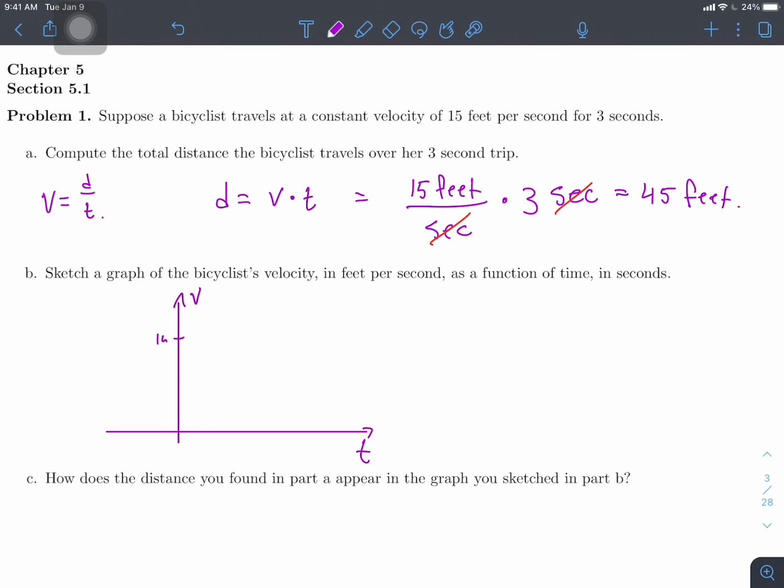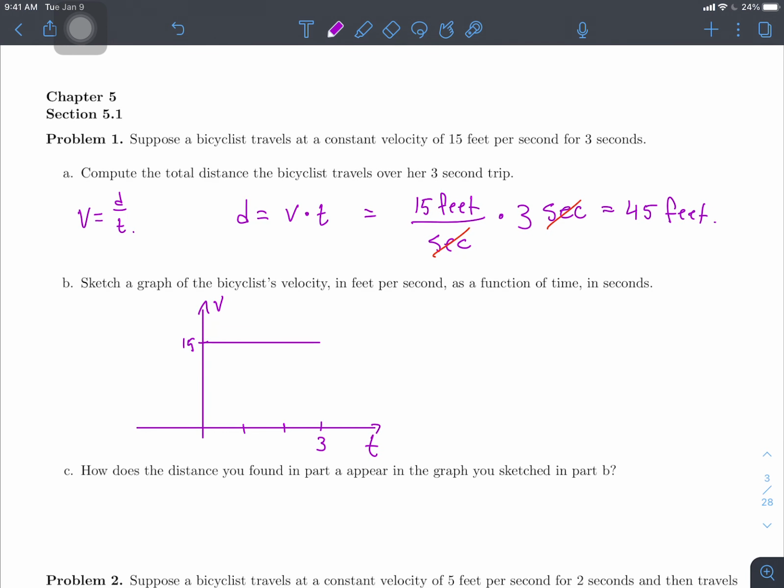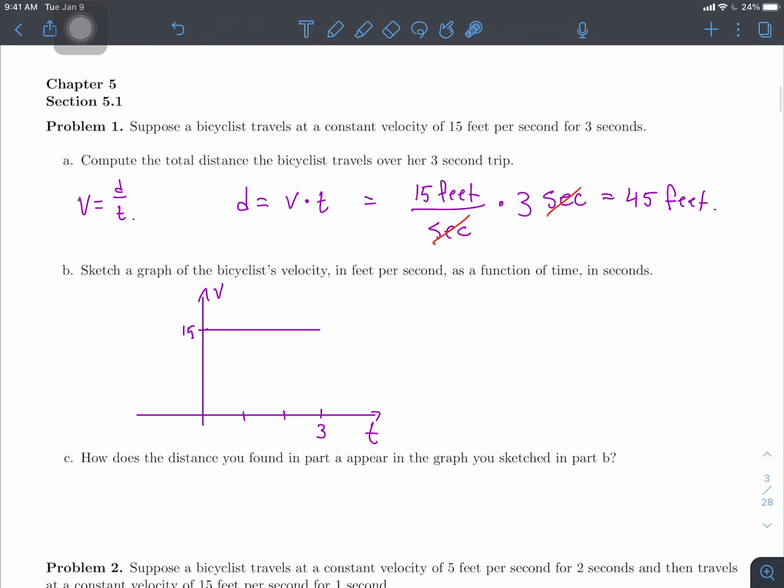So here's 15. And here's 1, 2, and 3 seconds. Oh, that's not very good. 2 and 3. So what happens is the cyclist travels 15 feet per second for exactly 3 seconds. So this is the graph of our velocity function. And now here's a question.